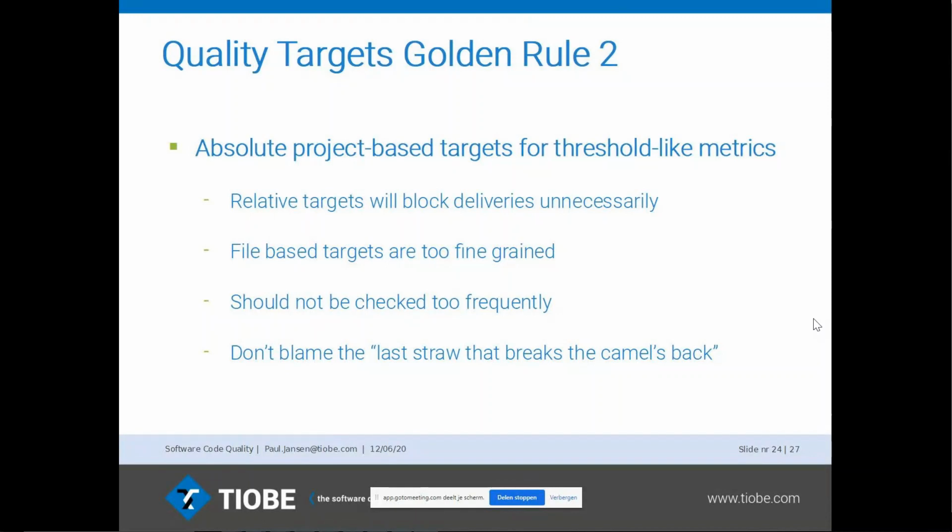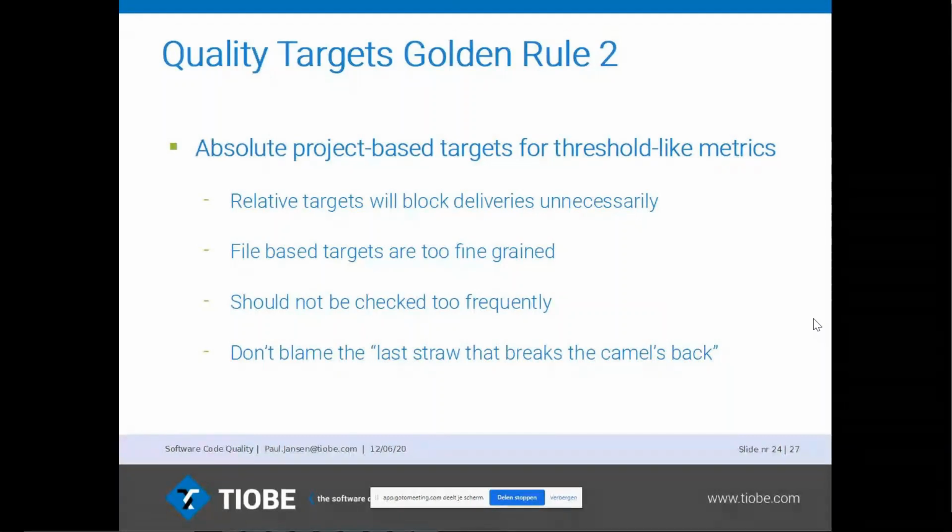Then, okay, so suppose you have to fix a bug. You have to touch that function with 20 cyclomatic complexity paths, and you have to add one if statement because you forgot it, and that's why you had this bug. You add this if statement, and then suddenly the complexity goes from 20 to 21. Yeah, and if you had a relative target here, file-based, then you were not allowed to deliver this fix.